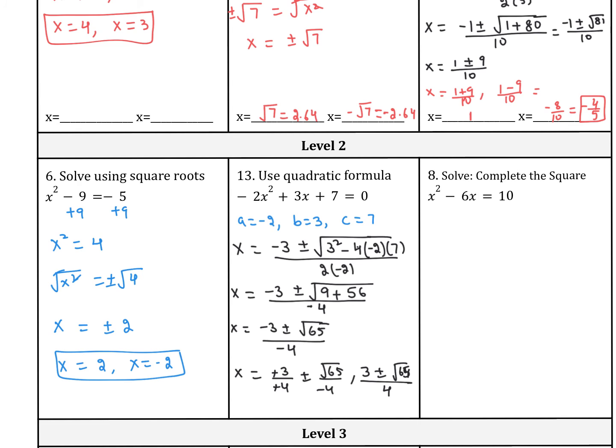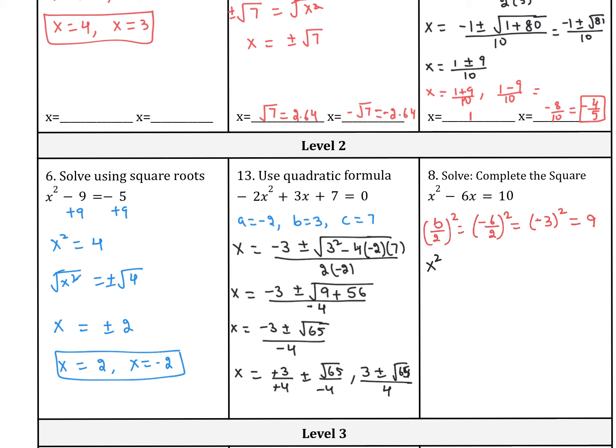And for number 8, it's completing the square. You're going to get b over 2a, so here we have b over 2a squared. You get -6 over 2 squared, which is -3 squared, and that's 9. You add that on both sides.